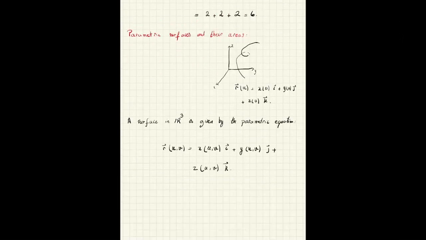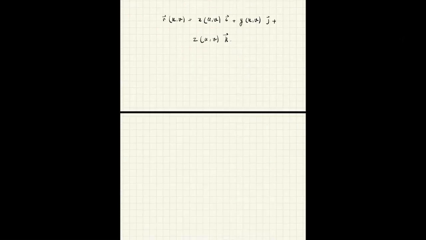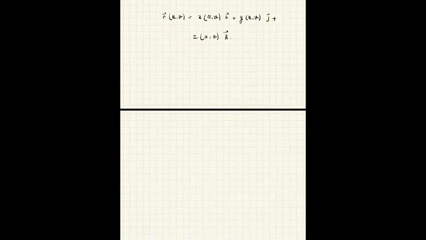So this is a function in 3D, and u, v are inside some domain D in the uv plane. Okay? Example.